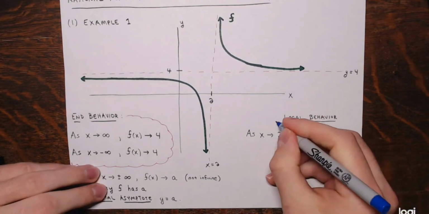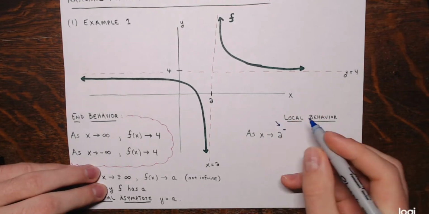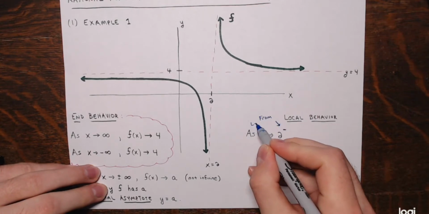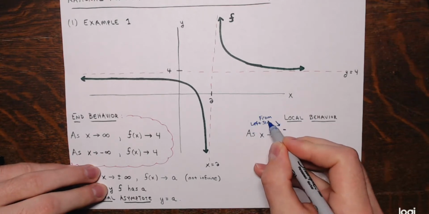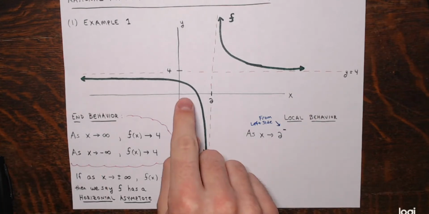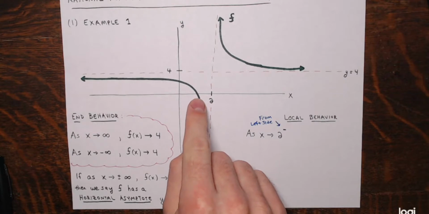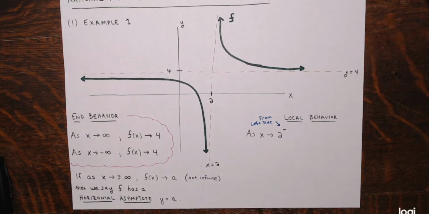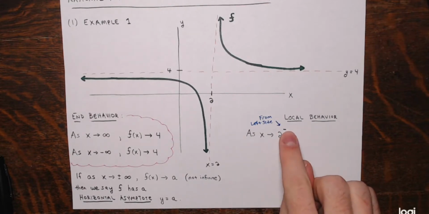But this means, from the left side of x equals 2. In other words, the values of x are less than 2, right? 1, 1.9, 1.99, 1.999, right? You're lower than 2 when you see this little minus sign here.